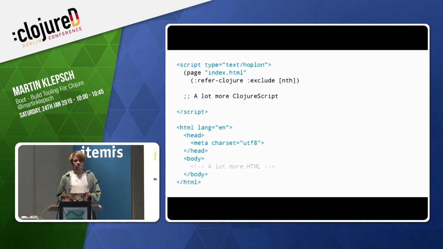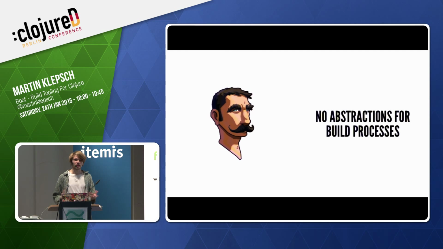Initially, they created something like lein-hoplon, which helped them with that, but quickly figured out that Leiningen doesn't really provide abstractions to reflect more complex build processes. If you want to do multiple things, like compile CLJX, I hope everyone is familiar with CLJX, it's a small language to compile to Clojure and Clojurescript.